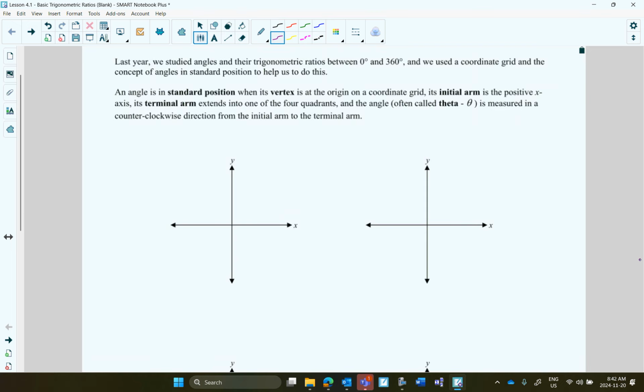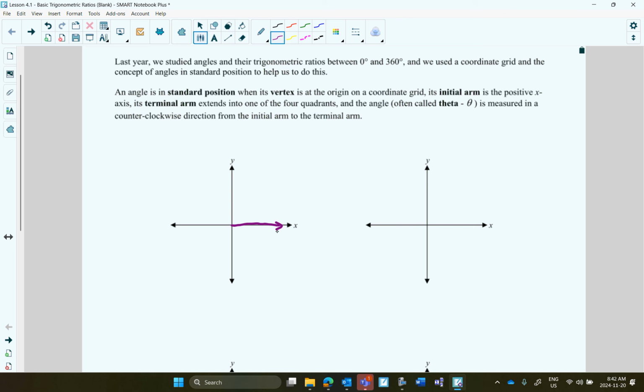The first arm, which usually is horizontal, and then the second arm, which is somewhere counterclockwise to the first arm, and then we measure from the initial to the second arm. Well, on a coordinate grid, the initial arm is always going to be the positive x-axis.